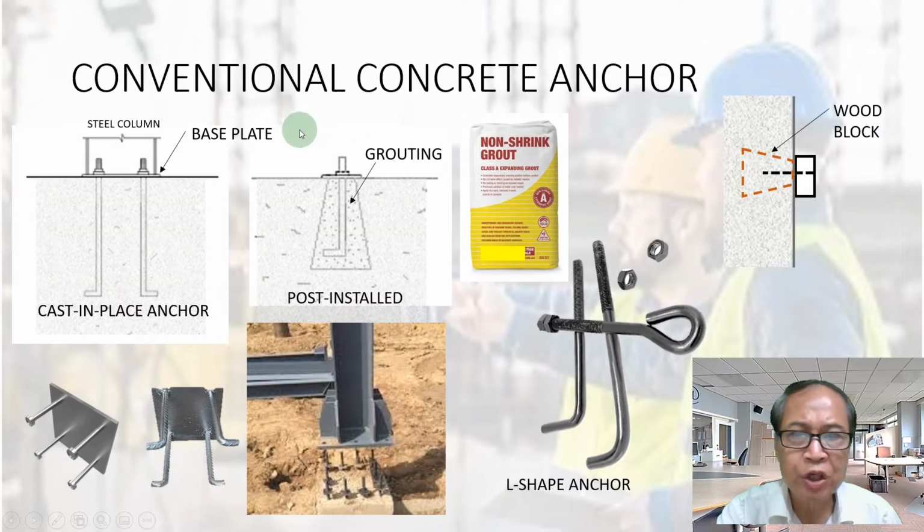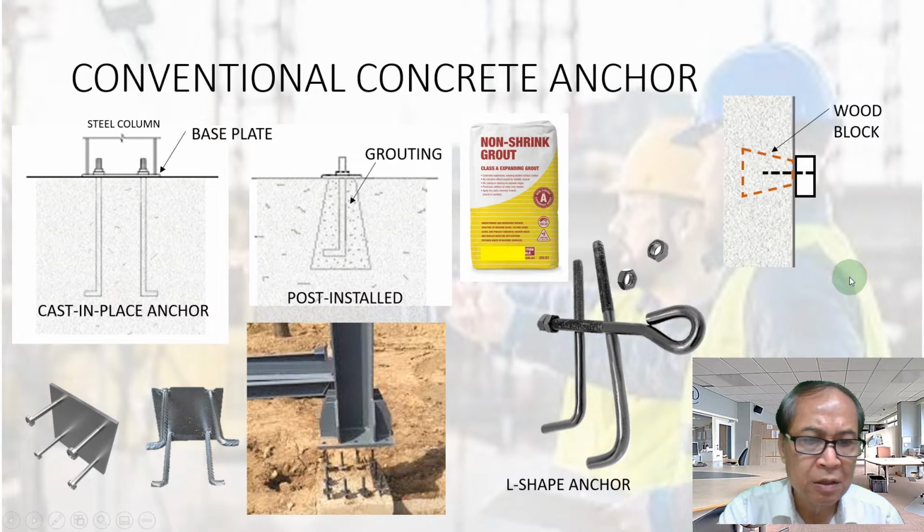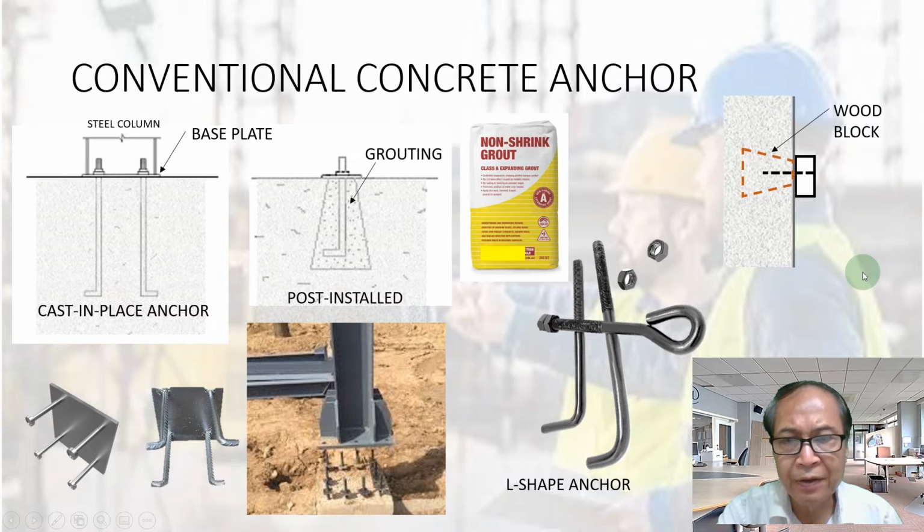Now, conventional concrete anchors, in the old time and nowadays. When we want to anchor something on the concrete, just like this, the steel column to this concrete base, we use this kind of anchor.